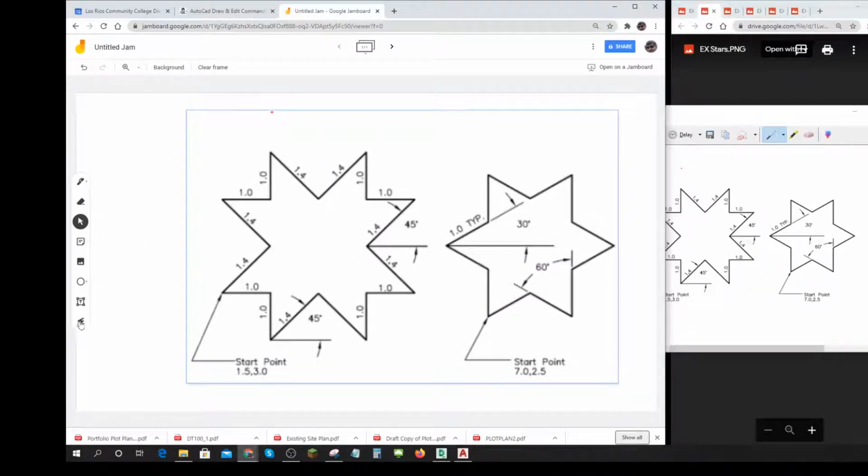And what I notice is everything on this one is at a 45-degree angle, or a multiple of 45.